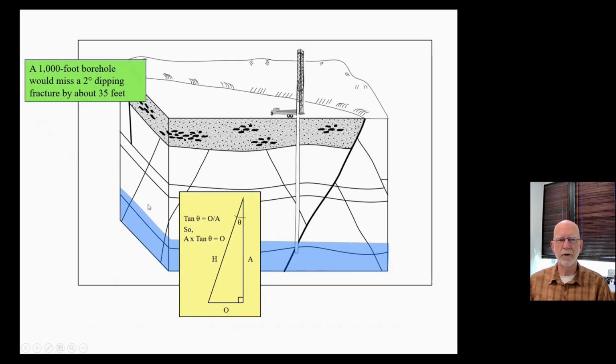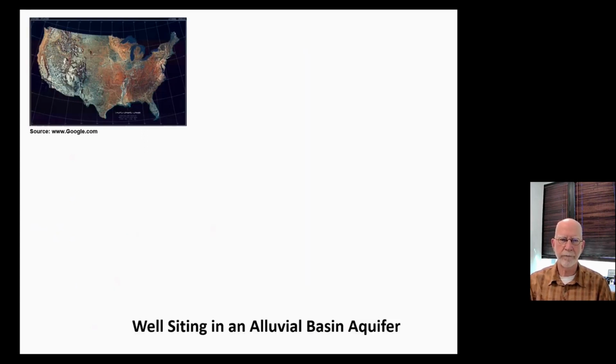So that means 35 feet is how far we need to move over. Not that far, but if you don't move over, then you miss the fracture and you won't get the same water quantity. So this is the kind of thing, simple, common sense, anybody can do it, but we should do it when we're going to pick the site to drill a well, and not just jump out there and drill because it's near a shade tree or something.